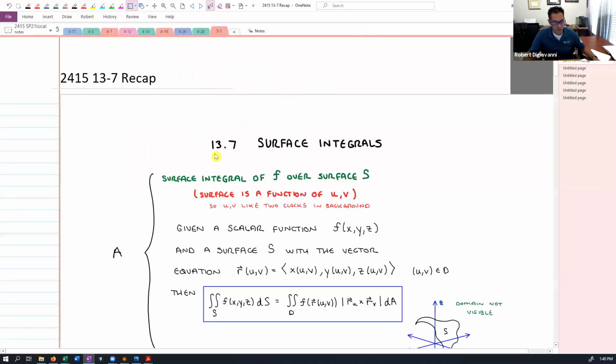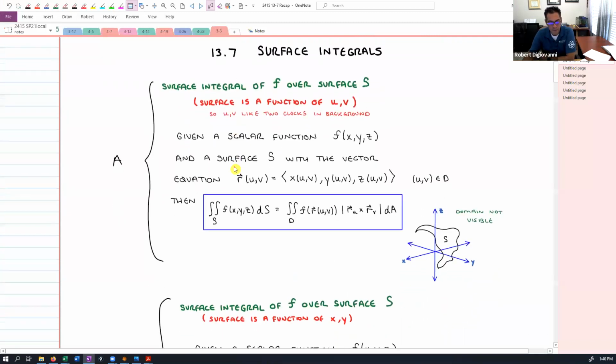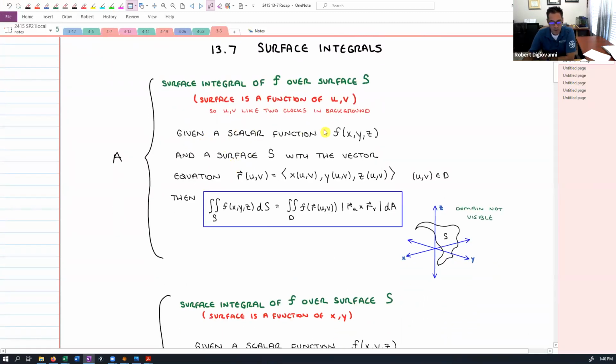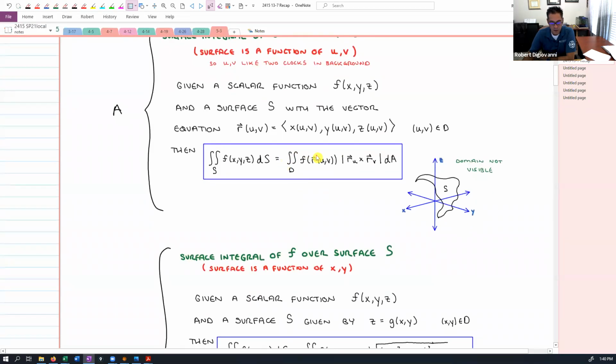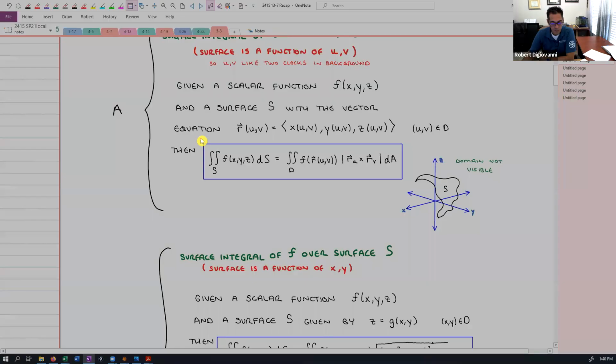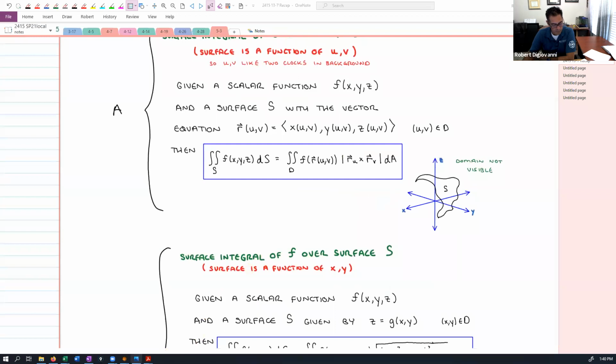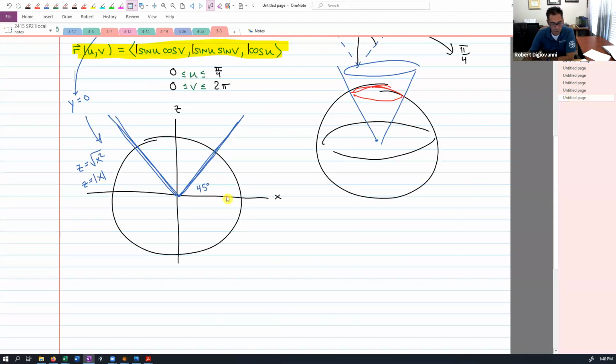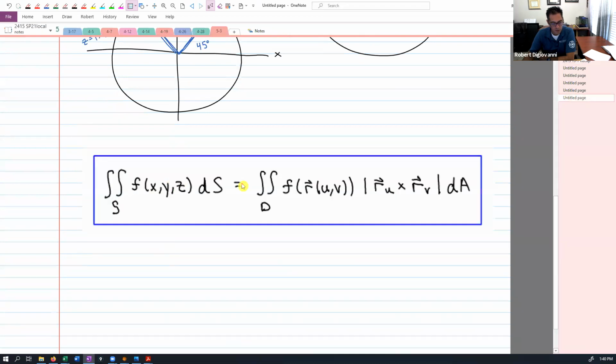I have it right here. Here's formula A. So we're given a scalar function and a surface S, and we have the vector equation of the surface. Then we are going to need to do this right here. So I want to do the double integral over D.